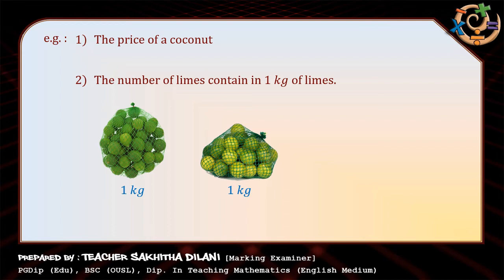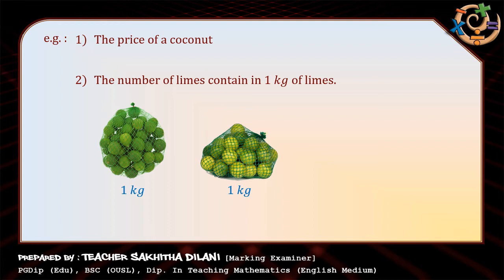You can see that the number of limes in the first bag is greater than the number of limes in the second bag, but both bags have the same mass. Therefore, it does not take a fixed value, so it is considered a variable.